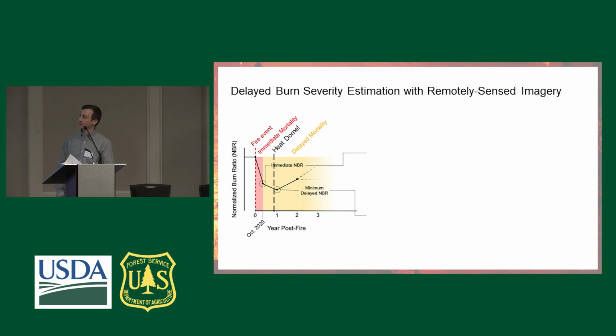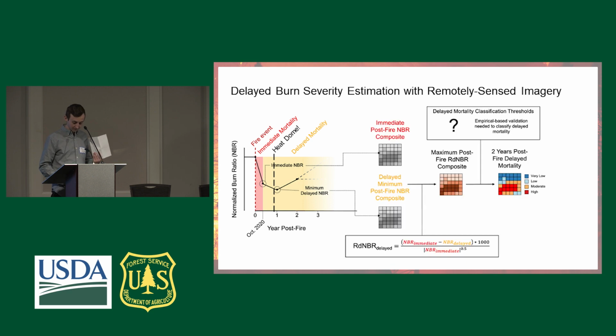That's because if I say the immediate burn severity is the next summer, in June, July, there could be some delayed mortality occurring from that fire that won't be captured separately from the immediate mortality. So by adjusting where the immediate burn severity time frame is, we can hopefully see some trends in delayed mortality, and the heat dome might be one of those trends that we find. Boom, heat dome, right around there.